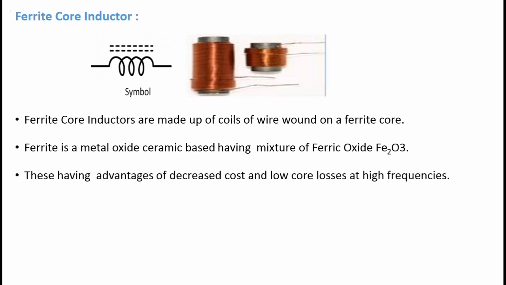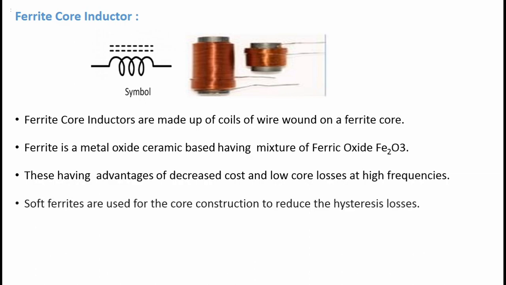These have the advantages of decreased cost and low core losses at high frequencies. Soft ferrites are used for core construction to reduce the hysteresis losses, and these are used in high frequency applications.